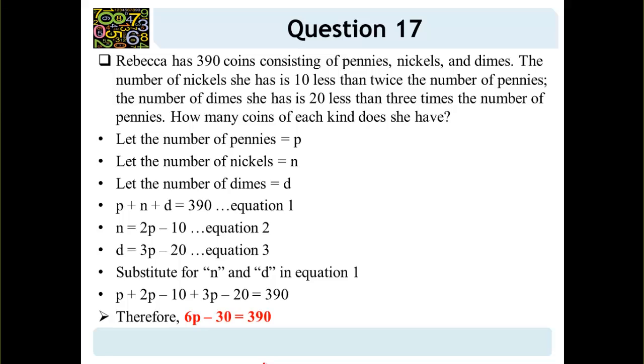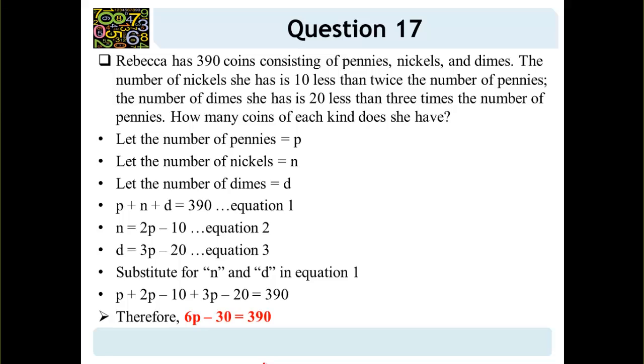So in this case, we have done an example of this case before. We have 3 variables here: pennies, nickels, and dimes. So let us assign variables to these 3 things.